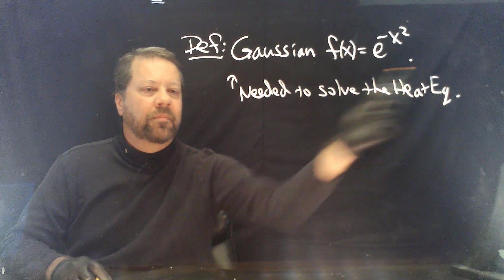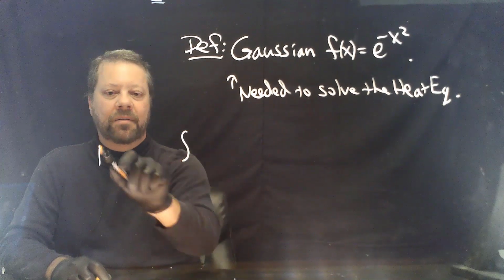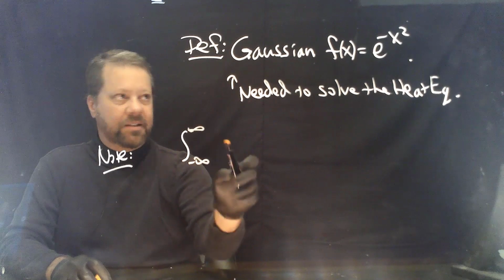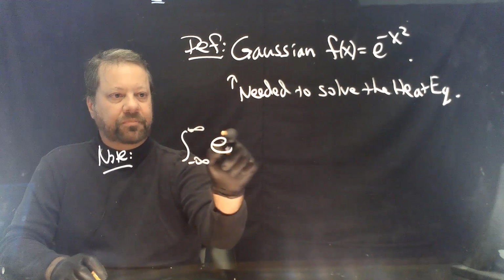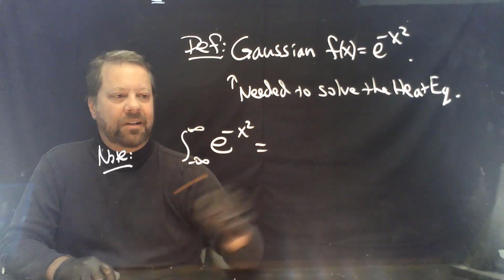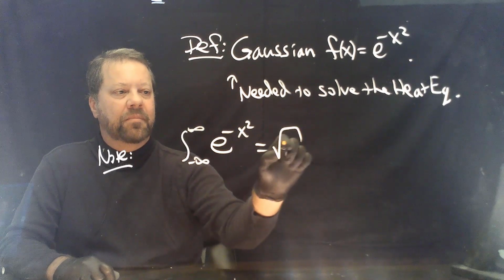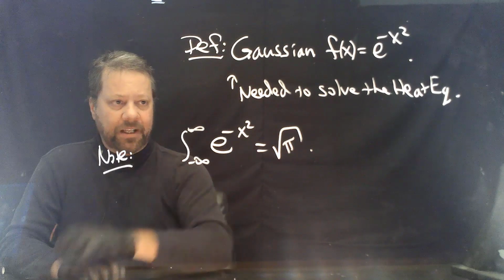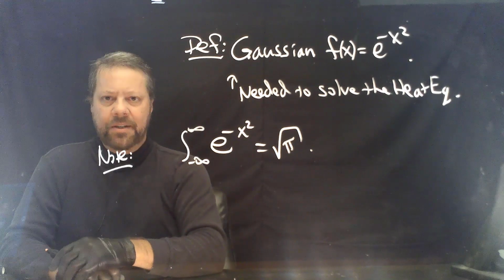Also note, by a simple computation that I always use in my Calculus 2 class, the integral from negative infinity to infinity of e to the minus x squared is the square root of pi.